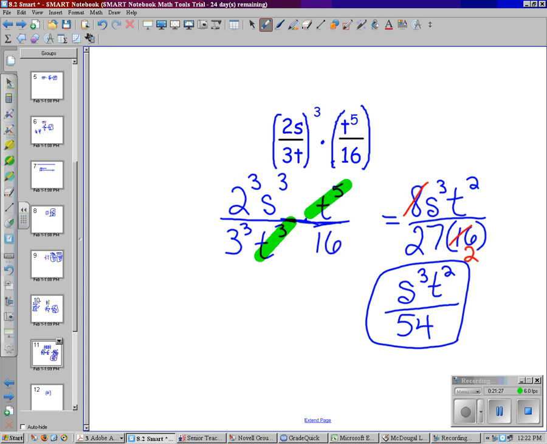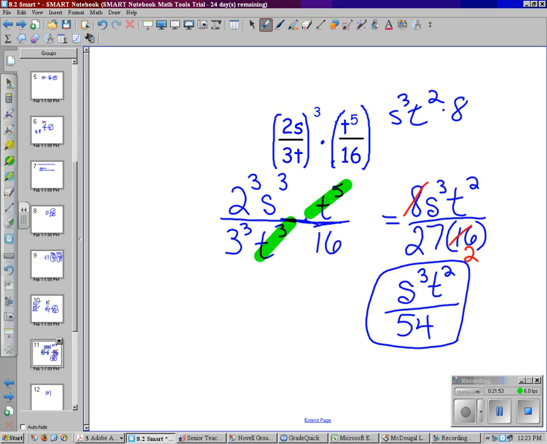I could write it t squared s cubed and the 8 on this side. Does that make sense? The 8 is being multiplied. This is all multiplication: 8 times s to the third times t squared, all divided by 27 times 16.